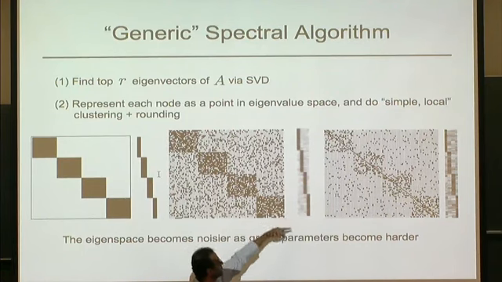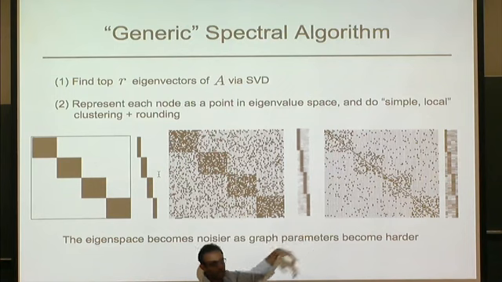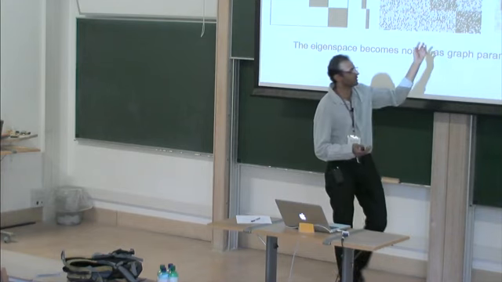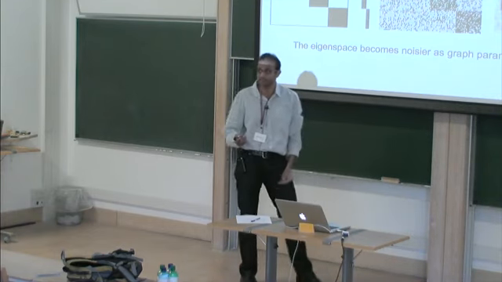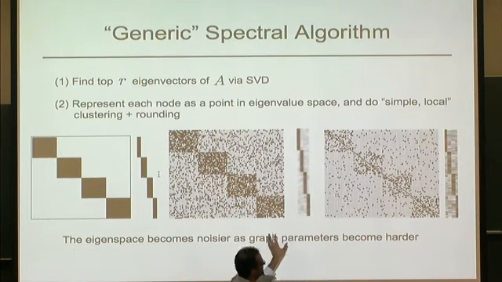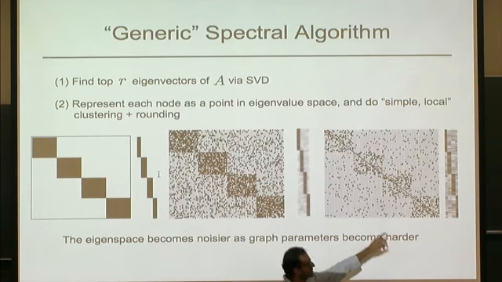So if I look in this 4-dimensional space and do simple nearest neighbor clustering, hopefully that will give me a good clustering of the overall graph. But as you can see in this simple pictorial example, and as you can believe, as things become sparser, this becomes much noisier.